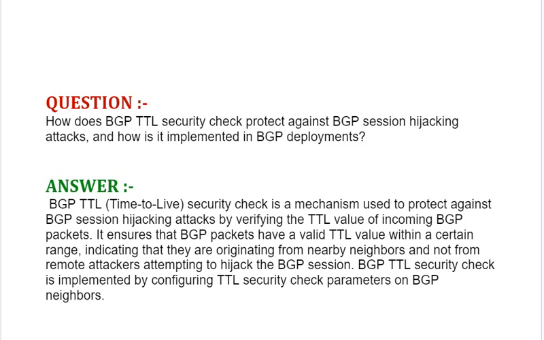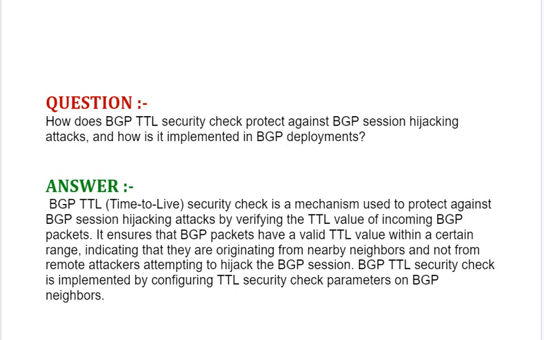Our next interview question is, how does BGP TTL security check protect against BGP session hijacking attacks, and how is it implemented in BGP deployments? Your answer should be, BGP TTL (time to live) security check is a mechanism used to protect against BGP session hijacking attacks by verifying the TTL value of incoming BGP packets.